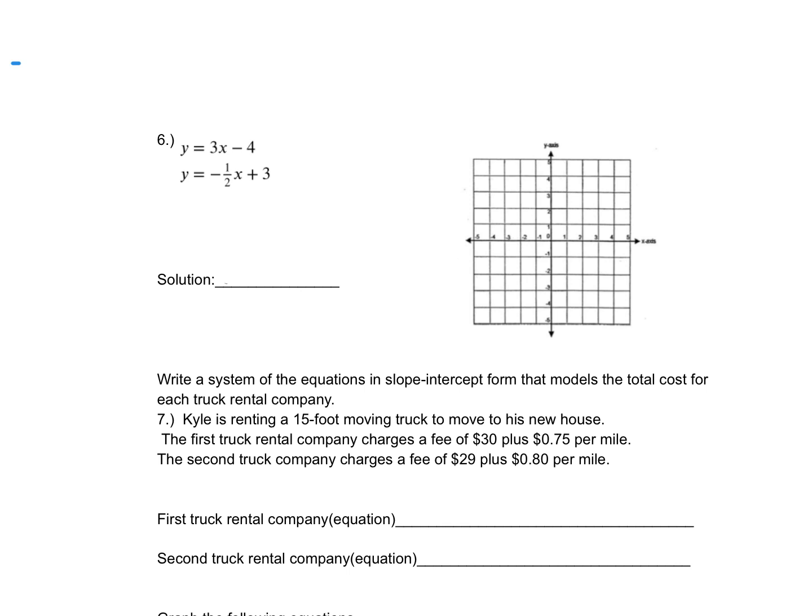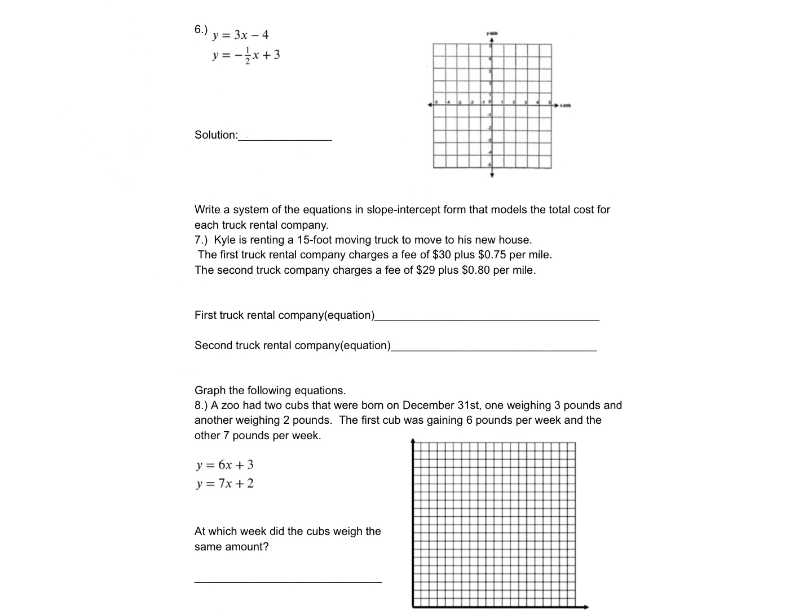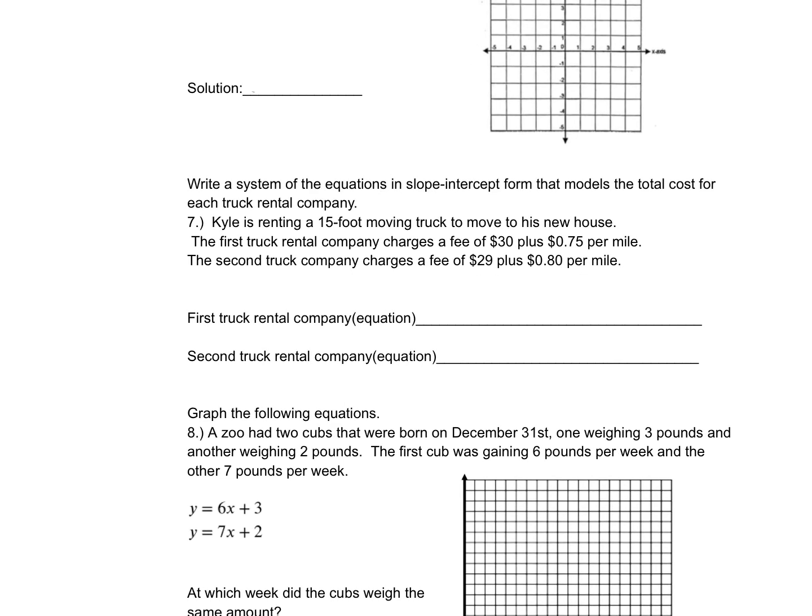Okay, let's look at these story problems. If my page will move up here. Write an equation in slope-intercept form that models the total cost for each truck rental company. Kyle is renting a 15-foot moving truck to move his new house.